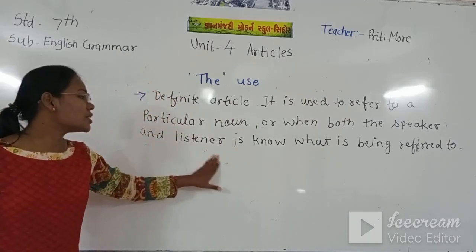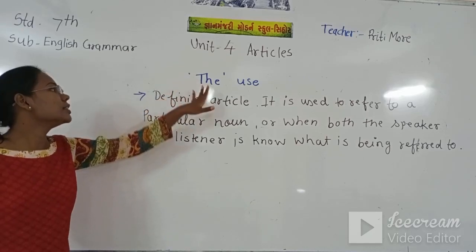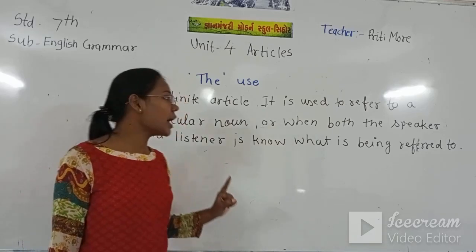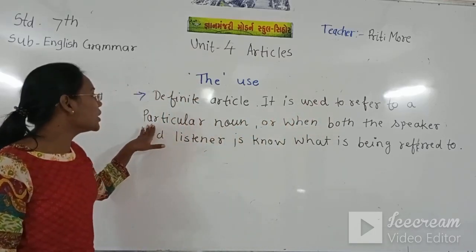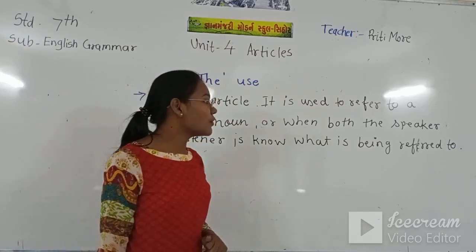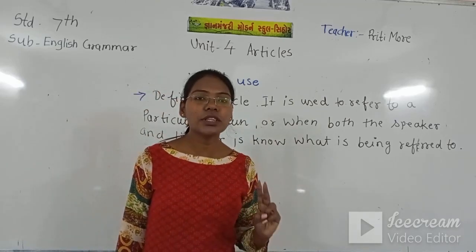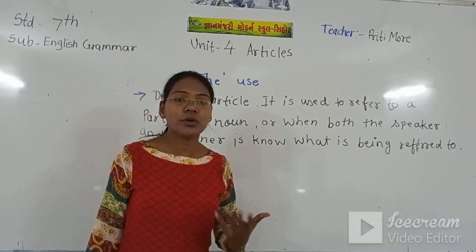But now we have to see the use of the article the. The is the definite article, and it is used for a particular noun, and when the speaker and listener both know what they are talking about.